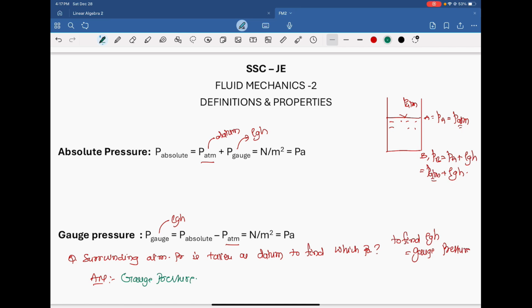Now, in another thing, whenever you design any pump, what is the pressure you use?